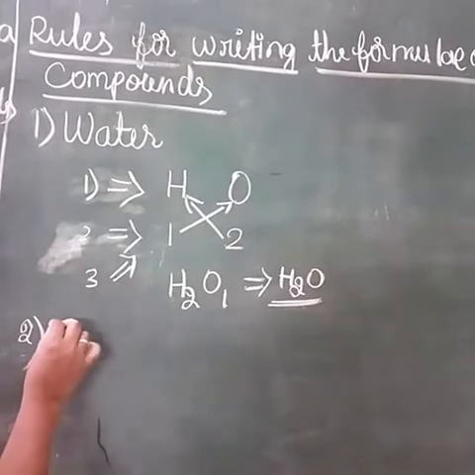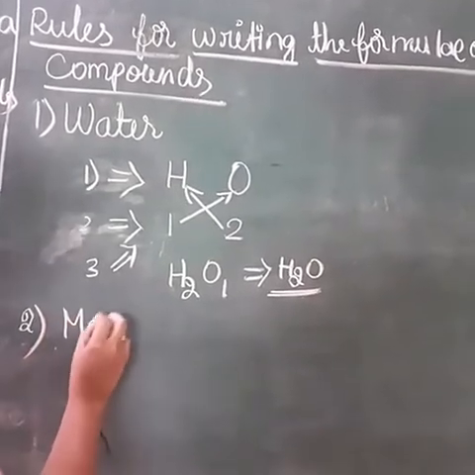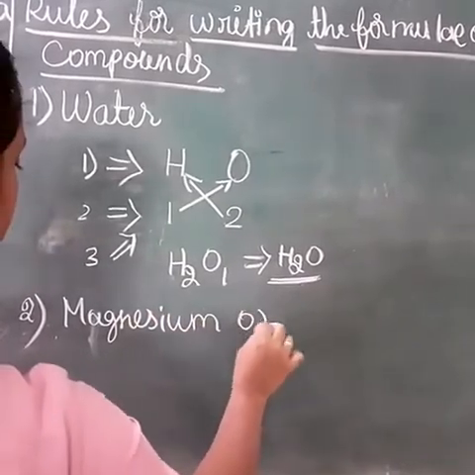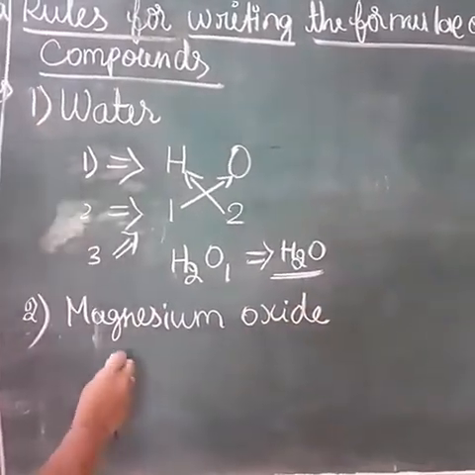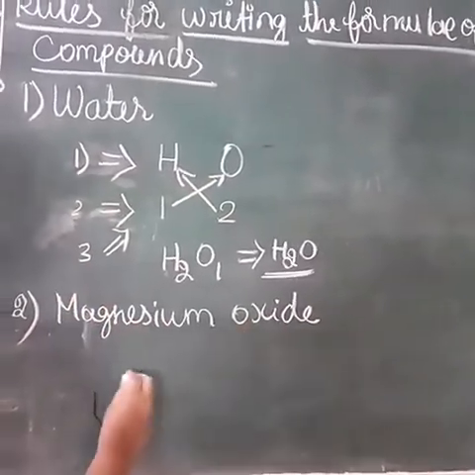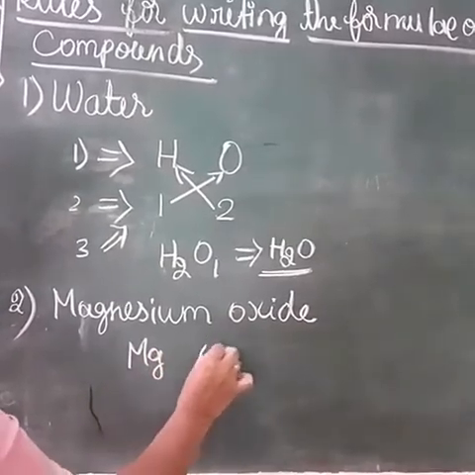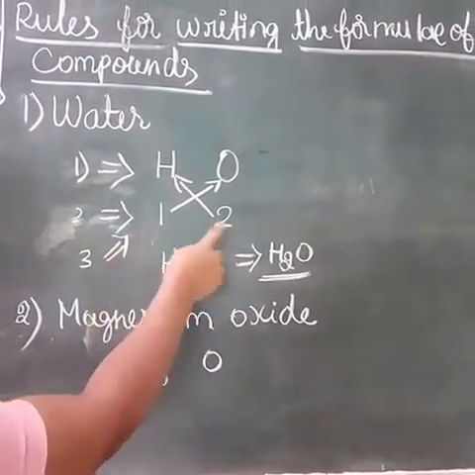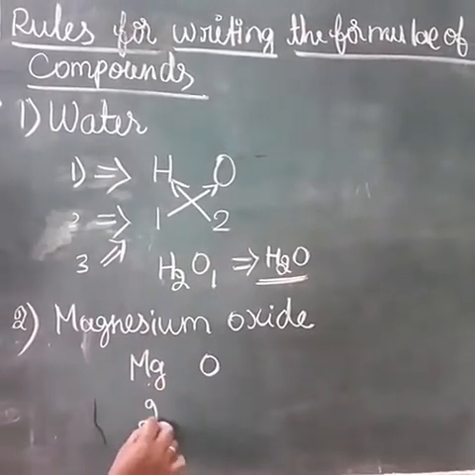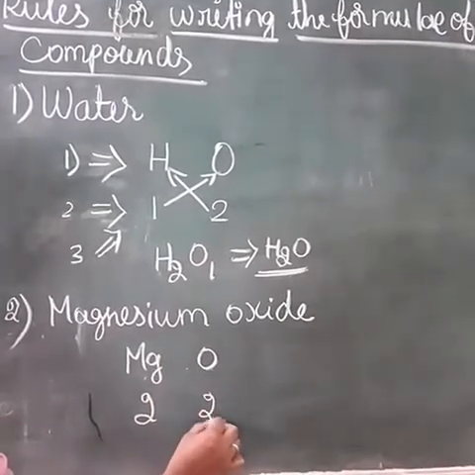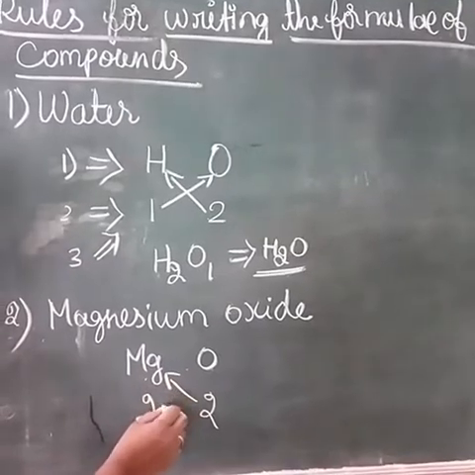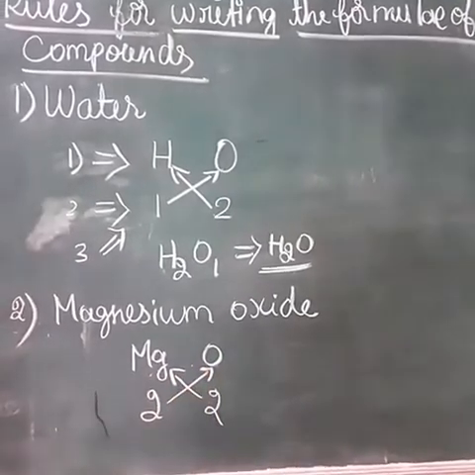Another example, magnesium oxide. First, you should write the symbols of the elements that form the compound. Then you should write the valency of each element. What is the valency of magnesium? 2. What is the valency of oxygen? 2. Third step, interchange the valencies of the combining elements and write them as subscripts.